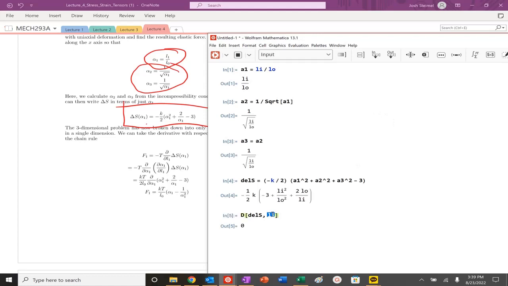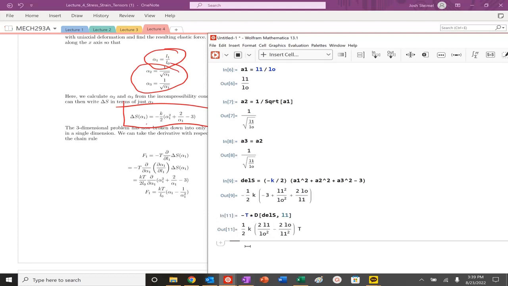Excuse me, Li should be L1. I'm going to fix that right now because I don't want Li. Boom, boom, boom, boom. Boom. That's the derivative. Multiply it by minus T times this, and we get our expression.